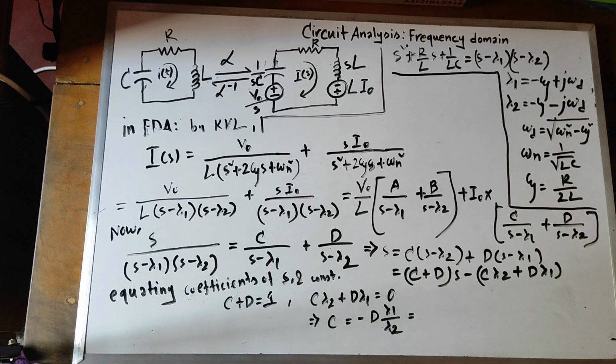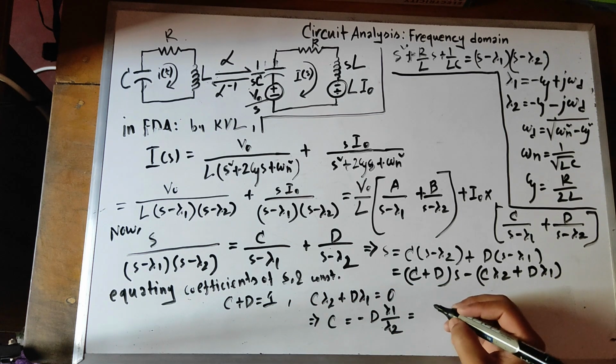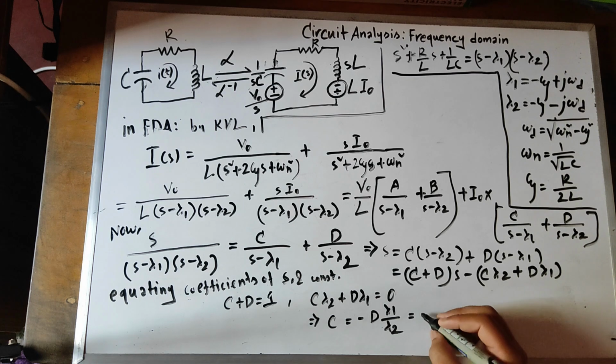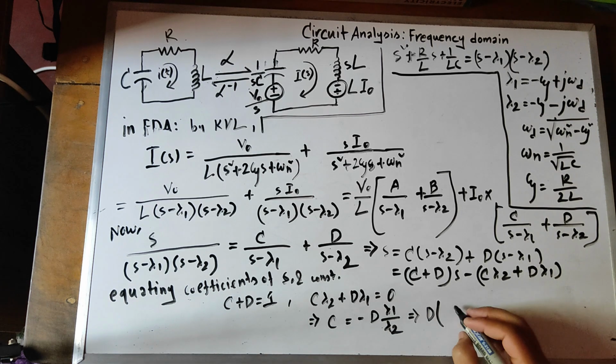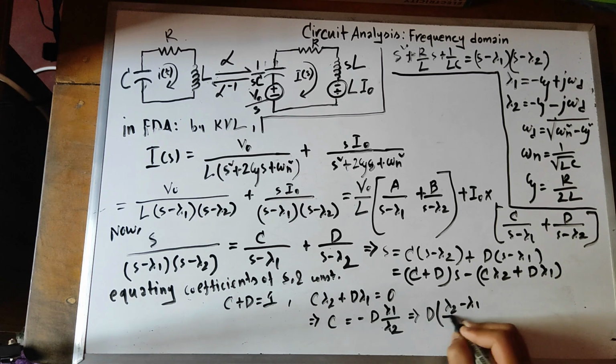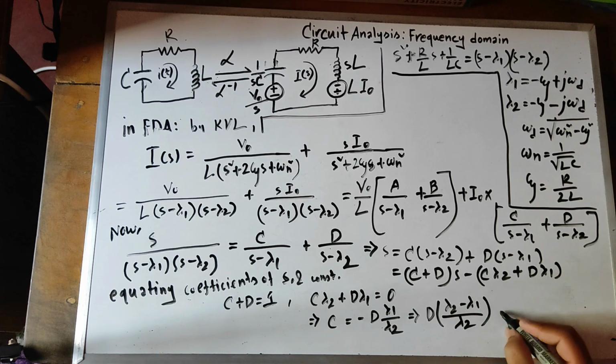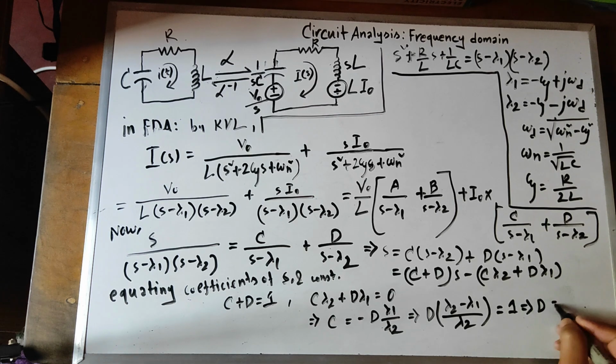If we substitute for C here and take D common, we get D times (lambda 2 minus lambda 1 by lambda 2) equals 1, thus D equals lambda 2 by (lambda 2 minus lambda 1).